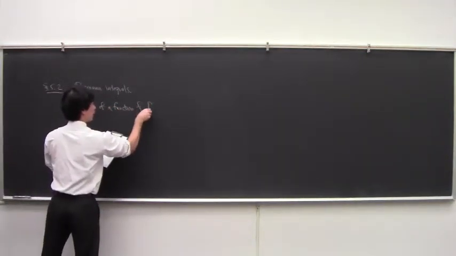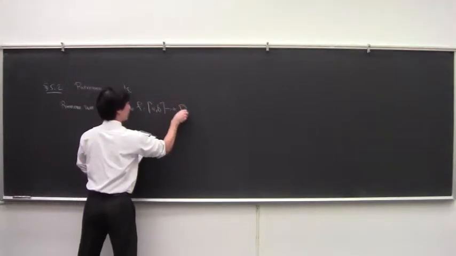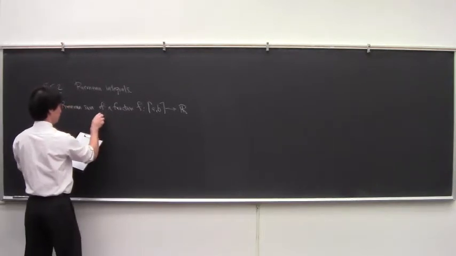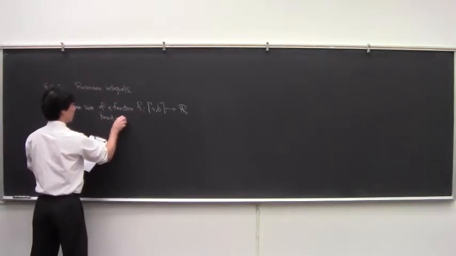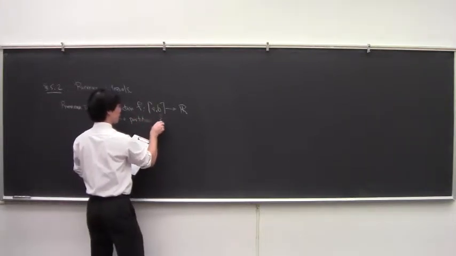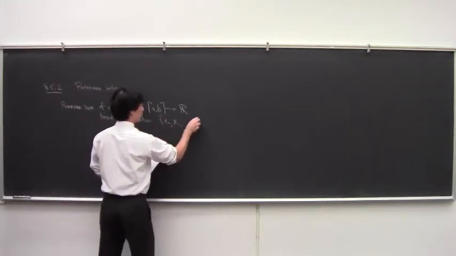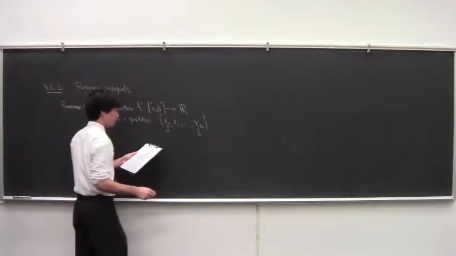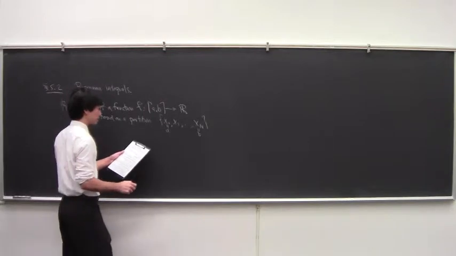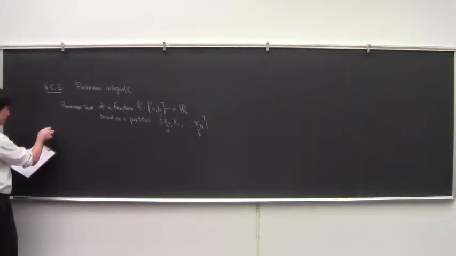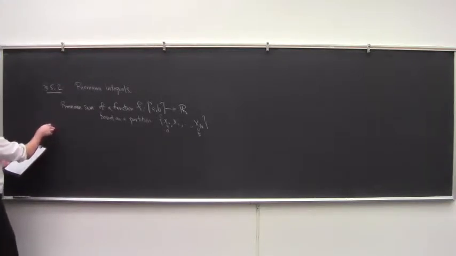Right. So you have some function f on [a, b] to R. So the Riemann sum of a function f is based on a partition x naught through xn, where x naught is a and xn is b. The idea is like this.